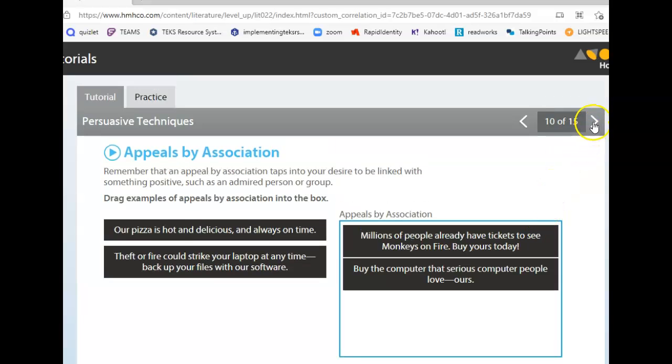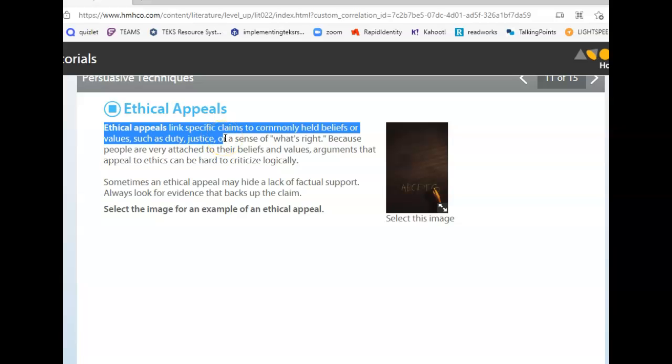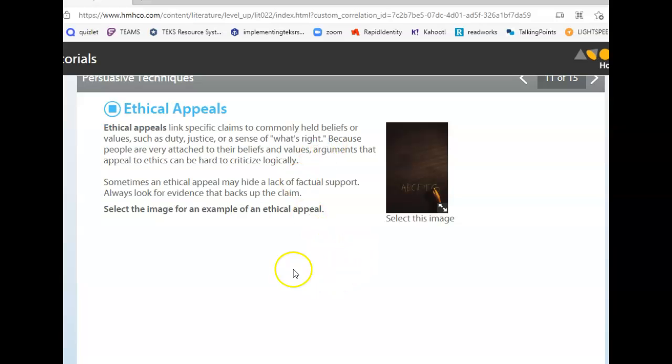Okay. Slide 11. Ethical appeals link specific claims to commonly held beliefs or values, such as, and then it asked for 3 examples: duty, justice, or a sense of what's right.